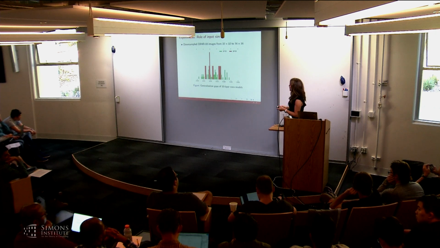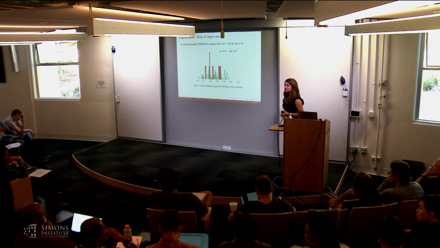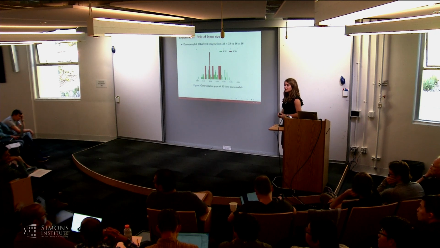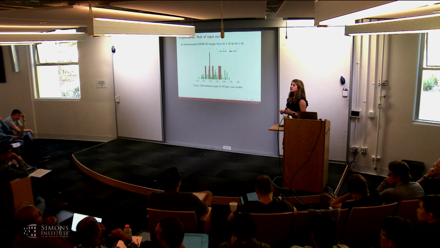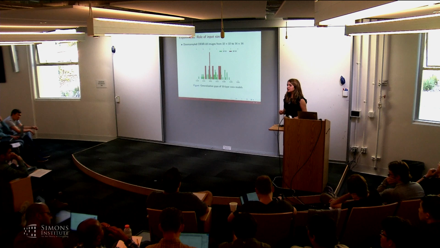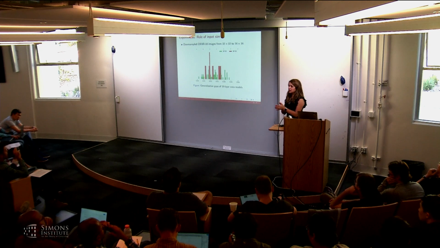Yes? I guess there are some recent papers that show that if you scale up the resolution, the generalization becomes better, and there are other ways, if you scale up everything. Right, right. So basically here we did not scale up everything.